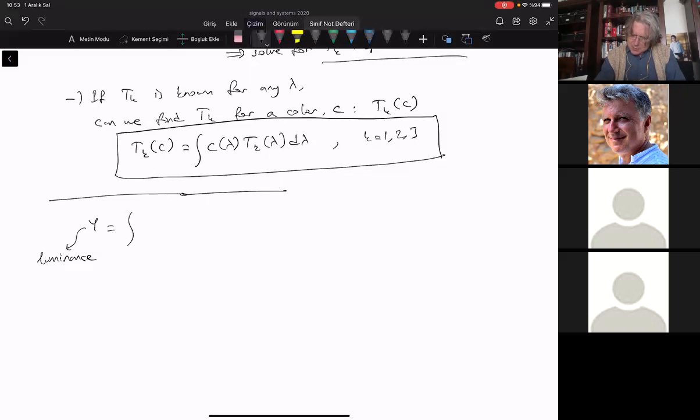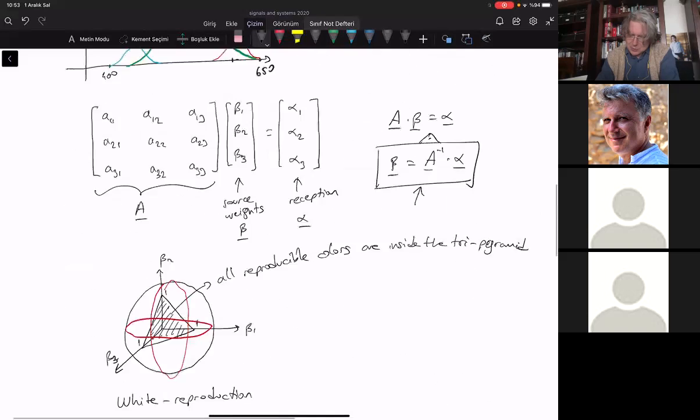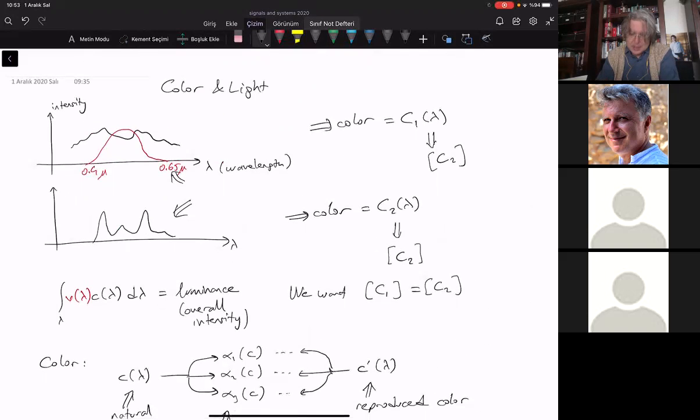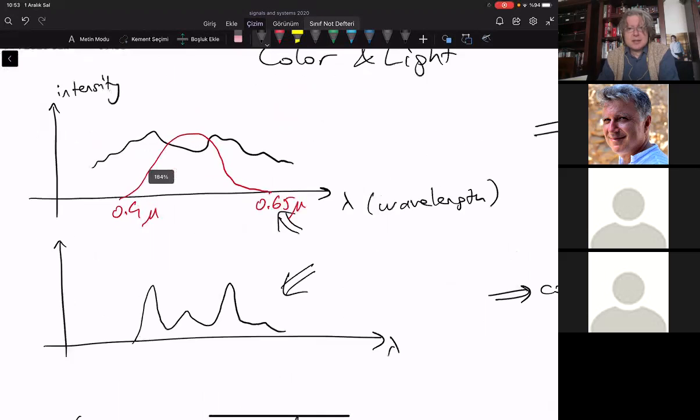So maybe before this, I have to put something here. I will be talking about V of lambda, which is like S1 of lambda plus S2 of lambda plus S3 of lambda. If you look at the notes at the very beginning, or maybe I should scroll all the way up. Sorry for the fast change. Yeah, it's here. The red curve that I have drawn here is actually the curve of V of lambda that I'm talking about.